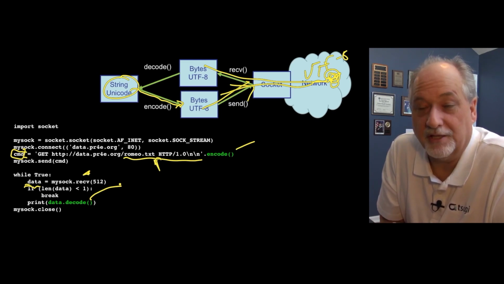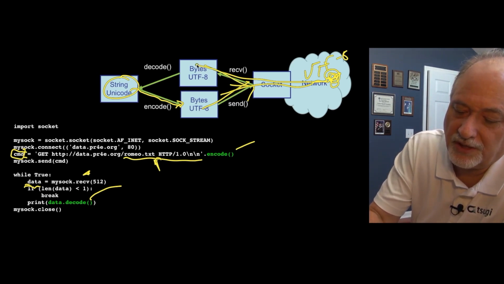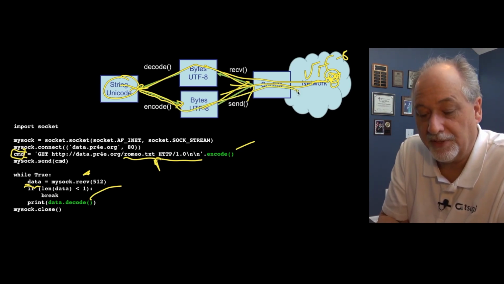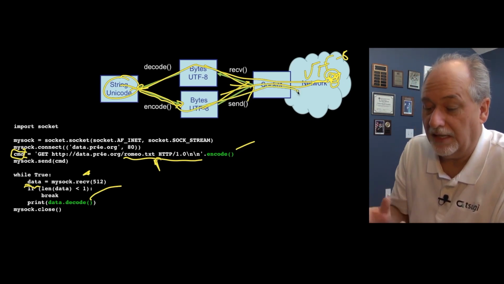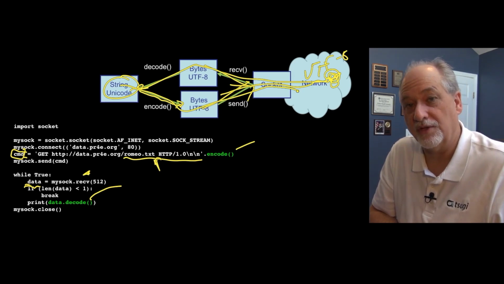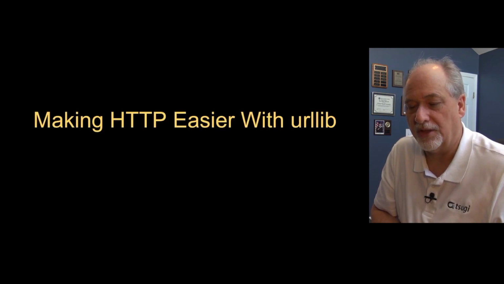But the simple thing is you just say, I'm going to clean up my data on the way in by running it through decode, and I'm going to encode stuff on the way out. Sockets are the place where this comes into play. You'll see we'll always do this encode and decode every time we're sending data outside of Python and inside of Python.